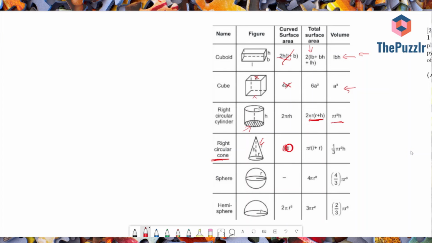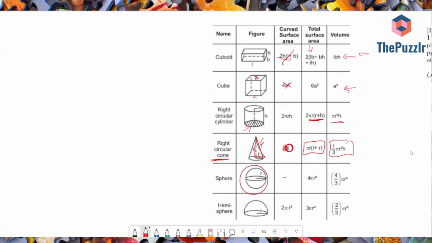If they don't give it to you, you can find the slant height by drawing a right triangle, as you can see in this diagram, where the height is h, the base is r, and the hypotenuse is L. You can use the Pythagorean theorem to find L given h and r. The total surface area is pi times r times (L plus r). And the volume is 1/3 times pi r squared times h. The 1/3 basically means that 3 cones fit in the appropriate cylinder.